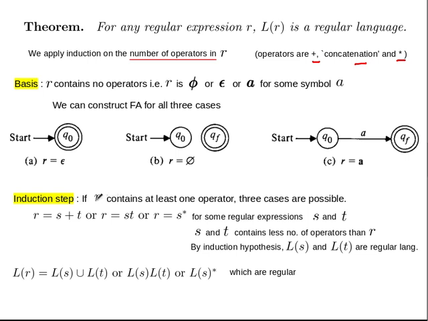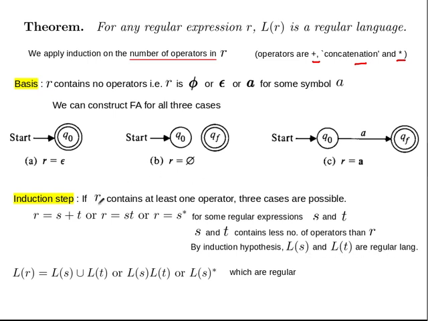Now what is the induction step? You take some arbitrary regular expression R, and your induction hypothesis is that for all regular expressions which have fewer operators, this holds. That means if you have some S and T which contain fewer operators than R, then by the induction hypothesis L(S) and L(T) are regular languages.